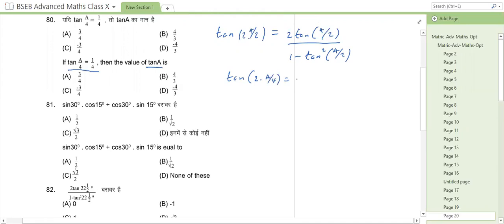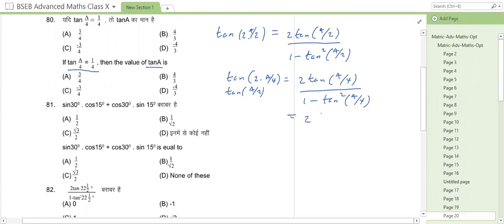So which is 2 tan A over 4 divided by 1 minus tan squared A over 4. Now we already know what is tan of A over 4, which is a quarter.